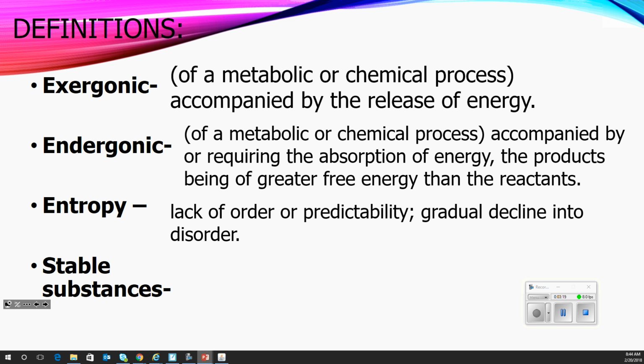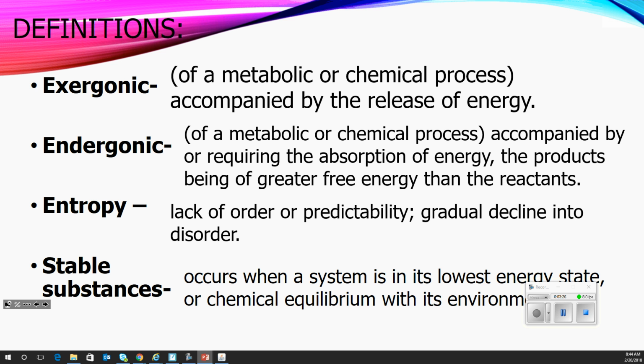But pulling it apart doesn't. Stable substances are things that, like it says, are stable. I'm going to move this recording thing so you can see that a little better. These occur at the lowest energy state, okay, and what we call chemical equilibrium with its environment.